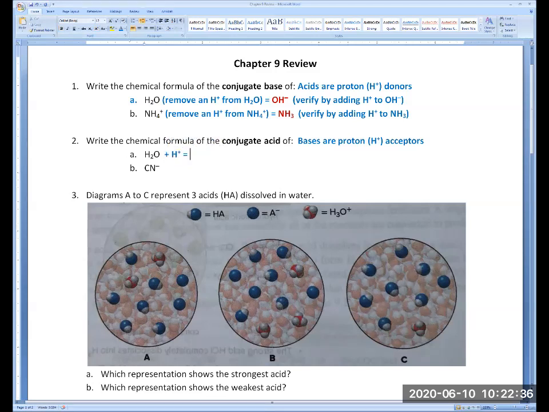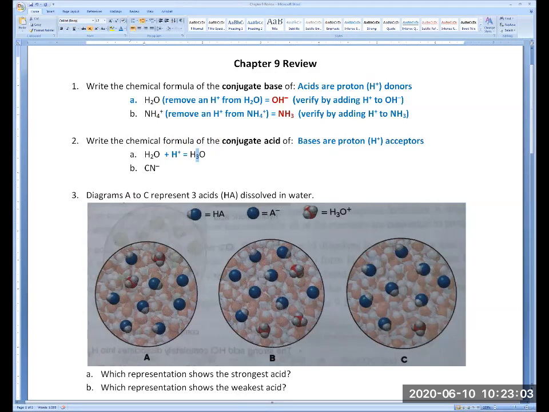So what is the conjugate acid of H2O? Yes. So from 2 H's you get 3 H's. The subscripts increase by 1, from 2 to 3, because you get one more hydrogen.